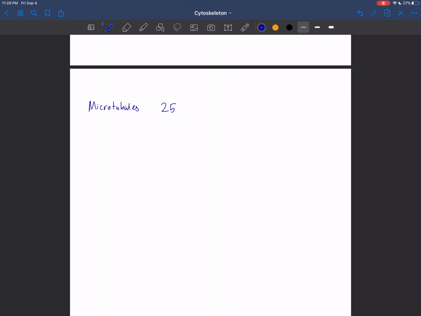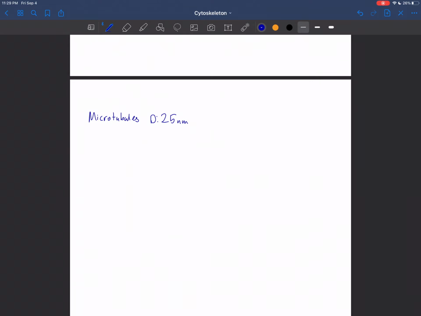And lastly, you have microtubules. And these are the biggest ones with the diameter of 25 nanometers. So those are substantially bigger in diameter than your microfilaments or your intermediate filaments. And the protein of these, this is sort of easy to remember.